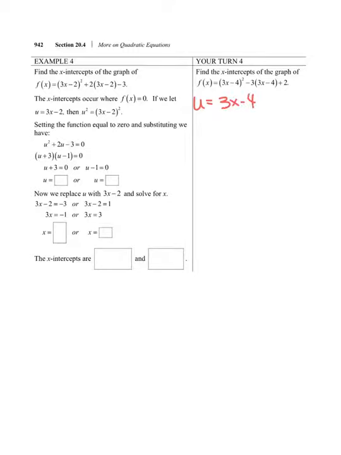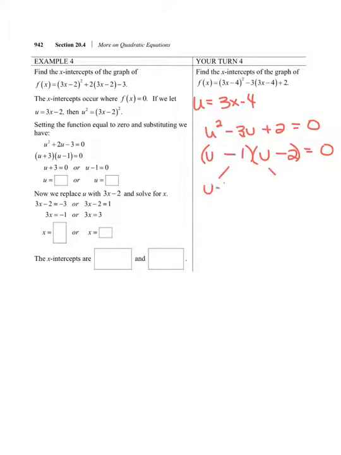So I can rewrite this as u squared minus 3u plus 2, and then equals 0 because we want the x-intercept, so that's when y is 0. So we'll factor this. U times u, 1 times 2, negative 2 and negative 1 gives you negative 3.